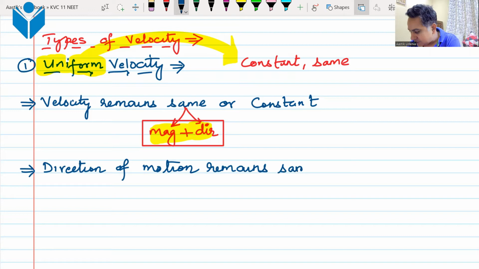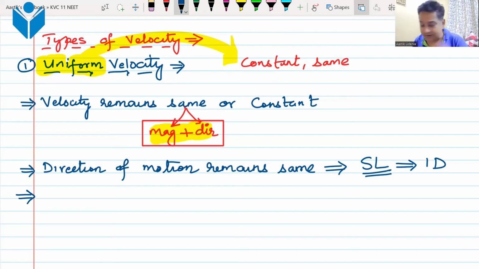That means this motion becomes a SL. What do you understand by SL? SL means that the motion remains in a straight line, or it is strictly motion in one dimension.